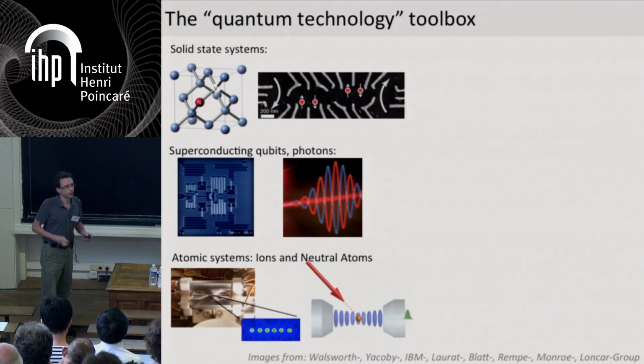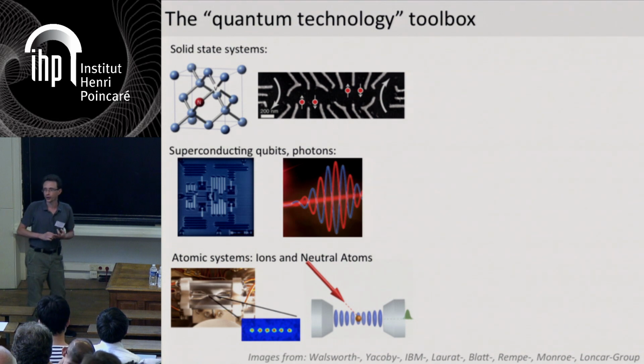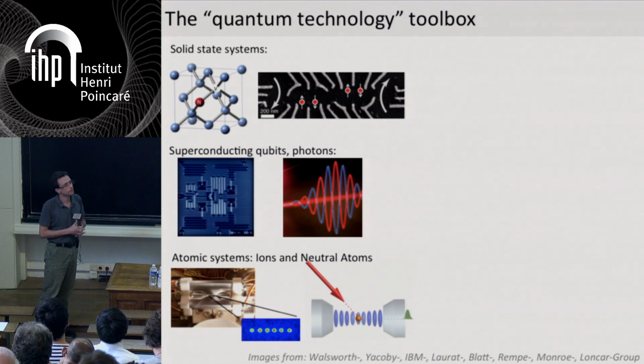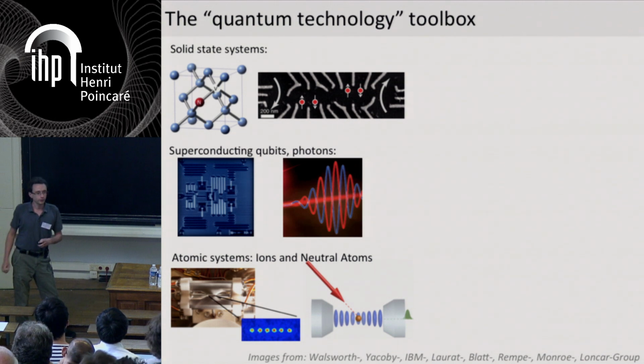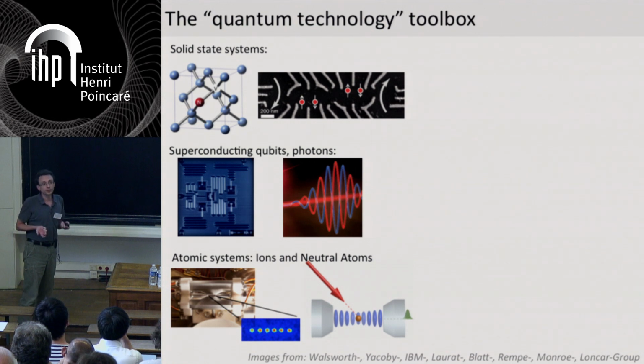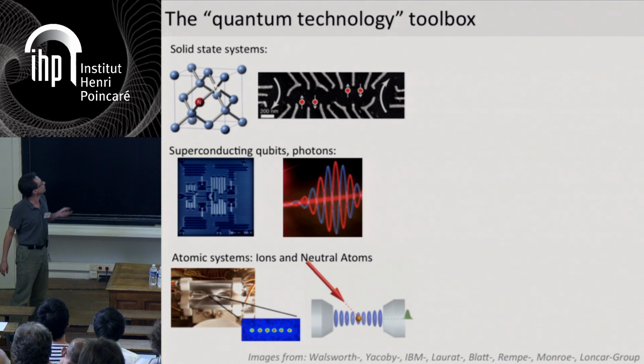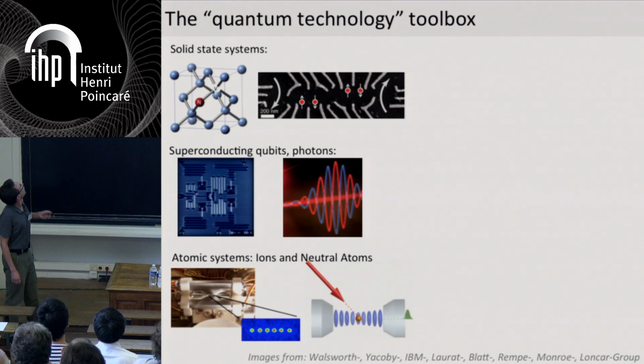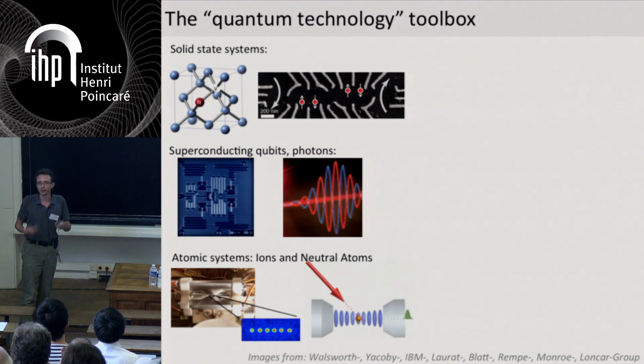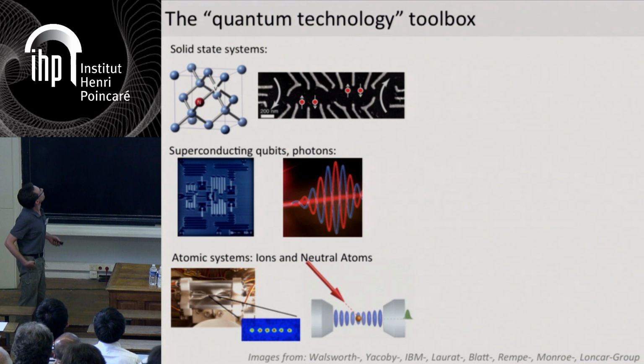Right, so because Jean-Michel Raymond gave a very nice introduction 2 talks ago about quantum technologies and quantum simulations, I will make mine quite short. So I just wanted to remind you that there exists a bunch of possible physical implementations of elementary quantum systems, be it real single particle systems like neutral atoms or ions, or artificial systems behaving like single particles.